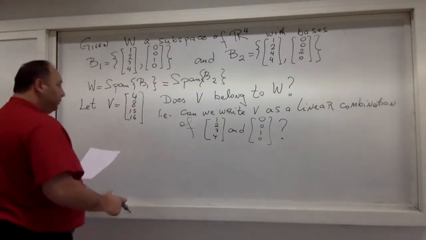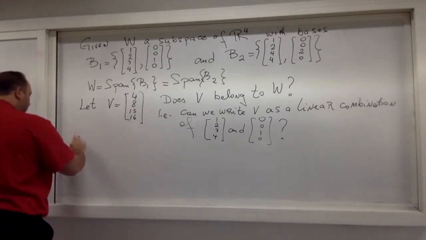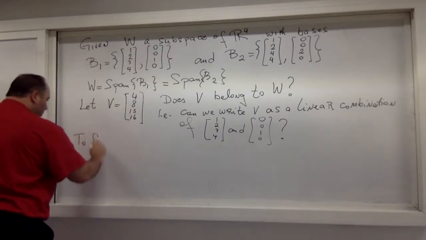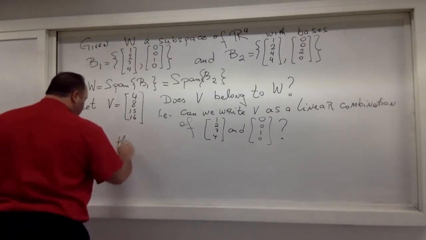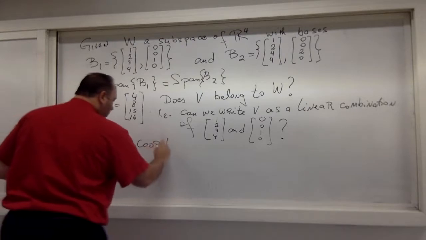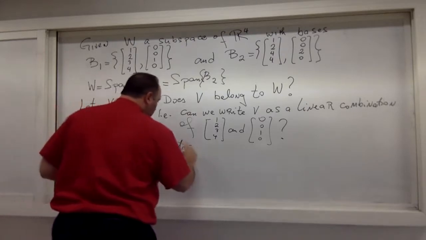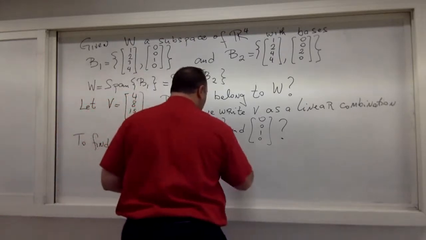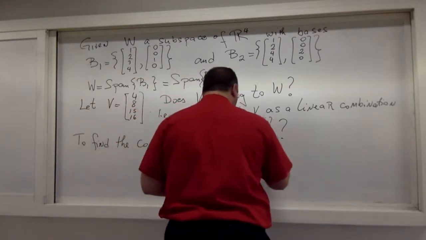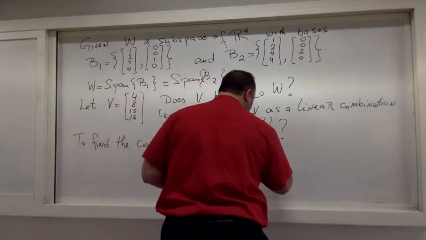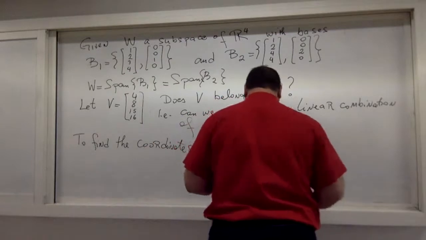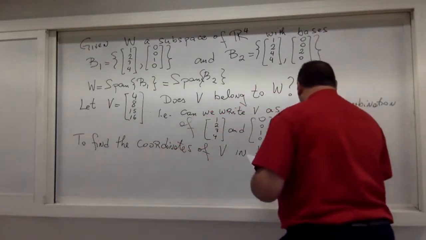So how do I find them? To find the coordinates of V in basis B1, what do I need to do?